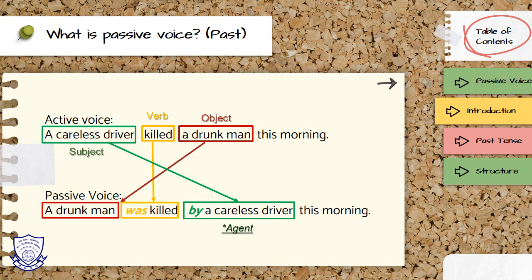The reason why be is changed into was is simply because the noun, or the subject of this sentence in the passive voice, is a drunk man. It is a singular noun here. So that's why the following to be, B-E, should be W-A-S instead of W-E-R-E.